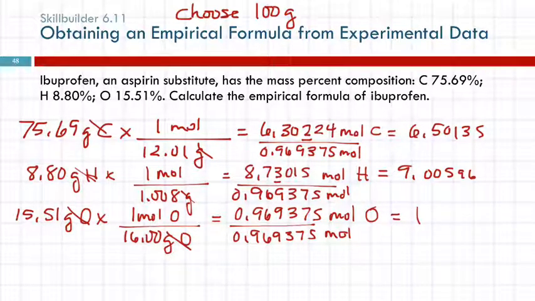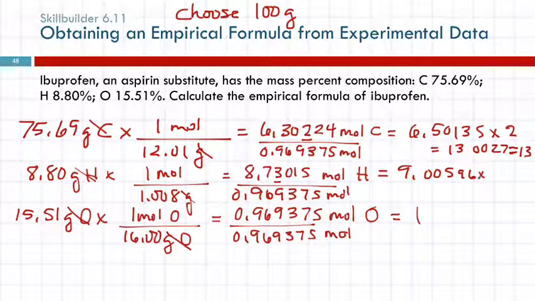So I'm going to take the 6.50135 and multiply by 2. So I multiply this by 2, and I get 13.0027. Oh, there, that's nice. That's 13. If I multiply one, I have to multiply all of them, otherwise I mess up the ratio.